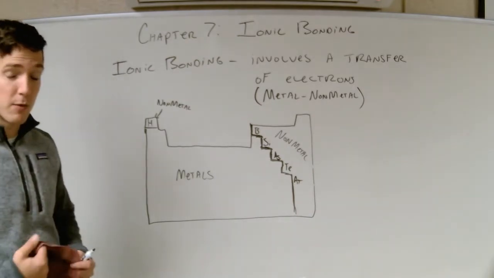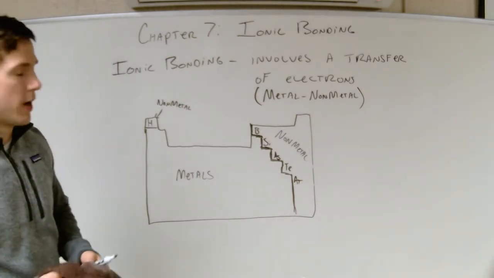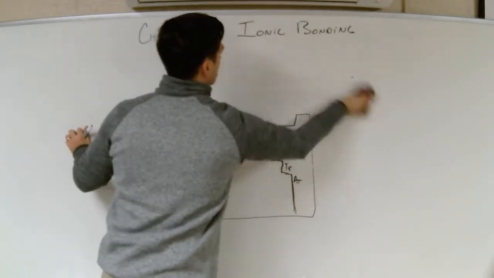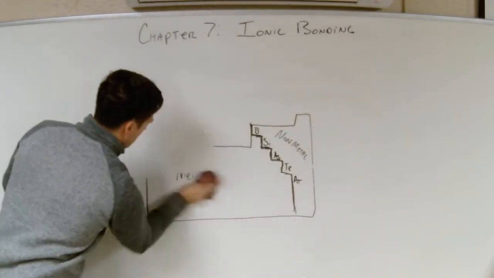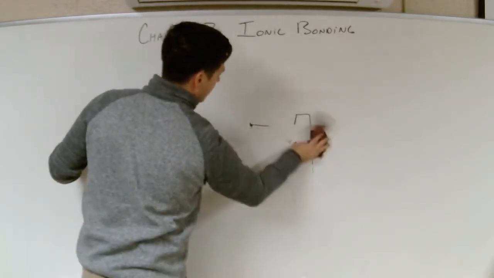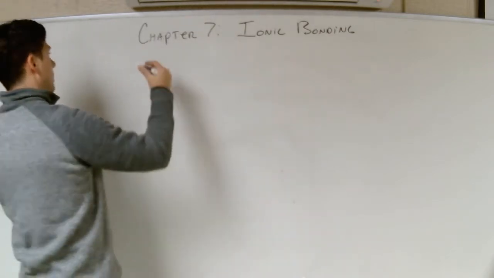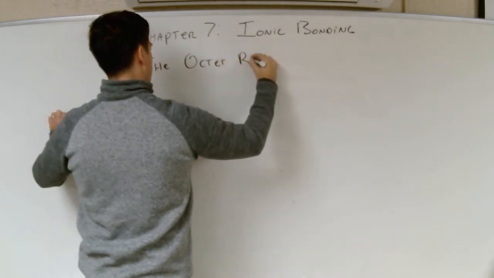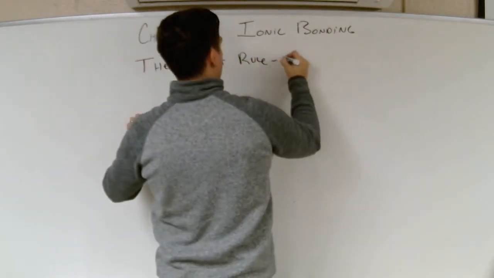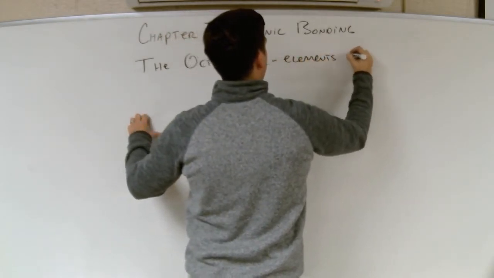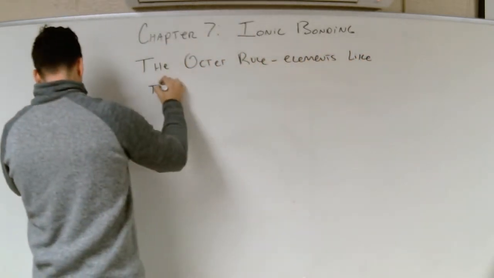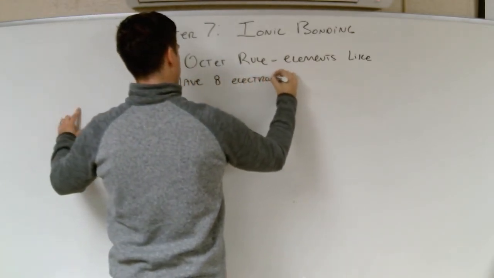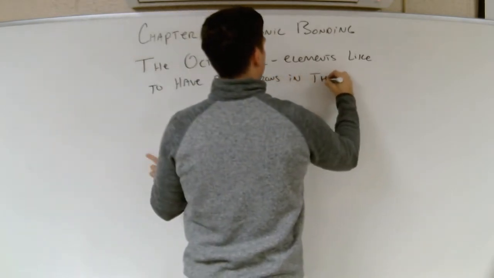Let's talk about the Octet Rule, which we talked about a little bit when we were dealing with our trends. So we will talk about the Octet Rule a lot, but pretty much it is elements like to have 8 electrons in their outer shell.